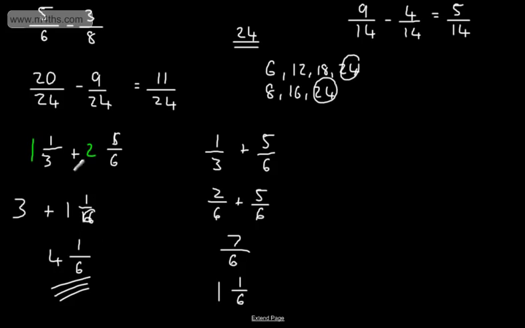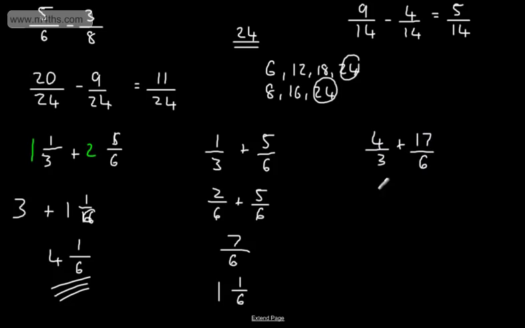Now, you could have argued that you're going to convert these into top-heavy fractions if you want. So if you did that, we would have now 4 over 3, plus now 6 times 2 is 12, add the 5, 17 over 6.